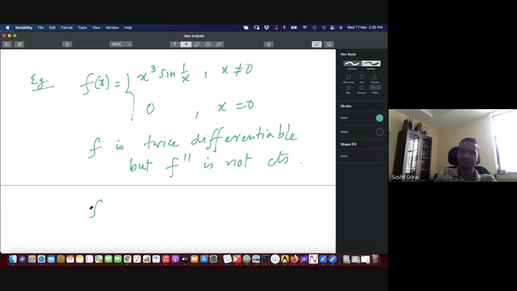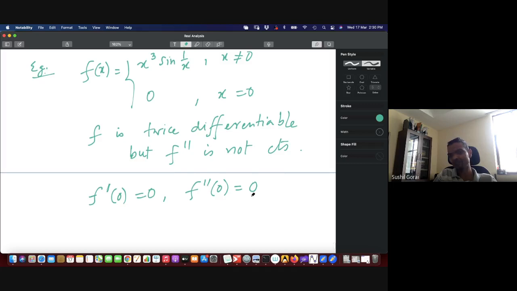And f prime 0 will be 0, and here of course f double prime 0 will also be 0. But you can make it positive by adding x square or something. If you want, you can make it positive, right?